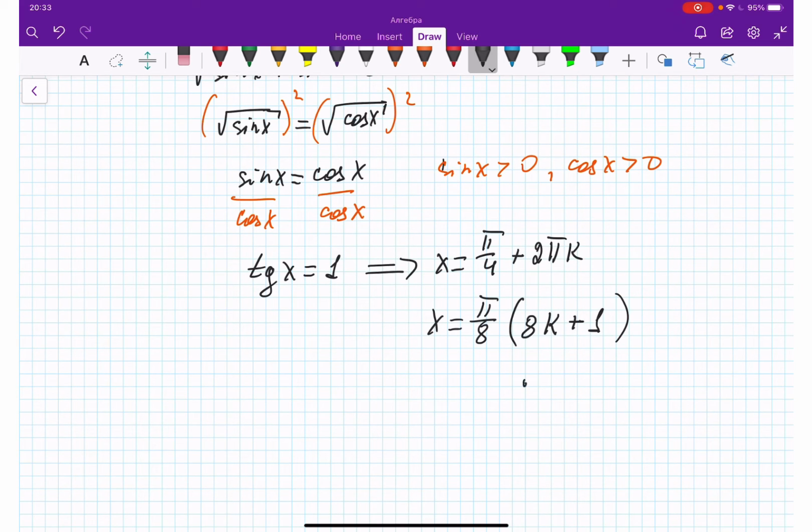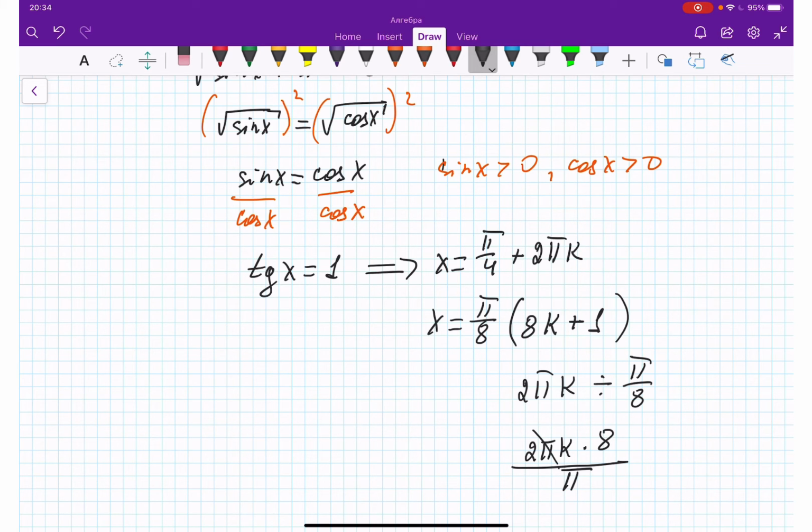So 2 pi k, I divide by pi over 8, right? Because once you take common factor out, that means you have to divide the term by that common factor to see what's left. And that's going to be equal 2 pi k times 8 over pi. Correct?